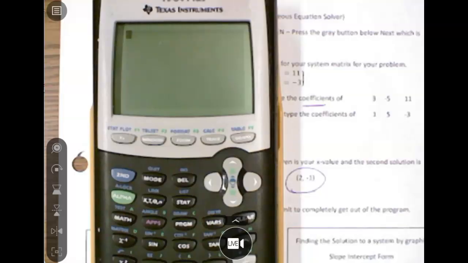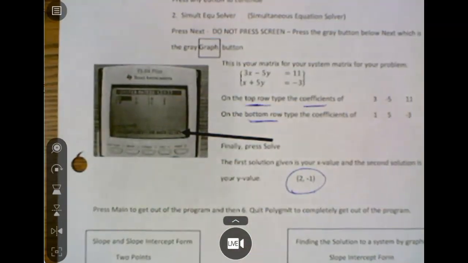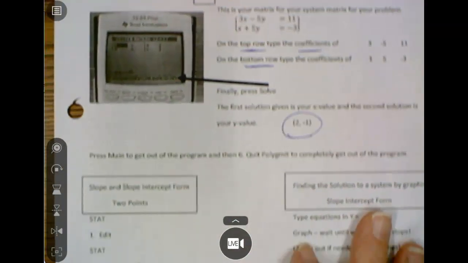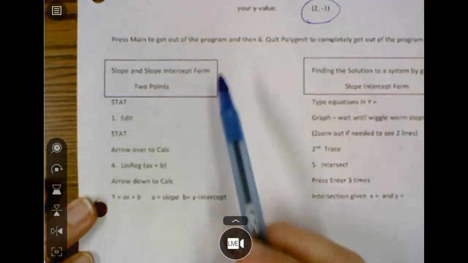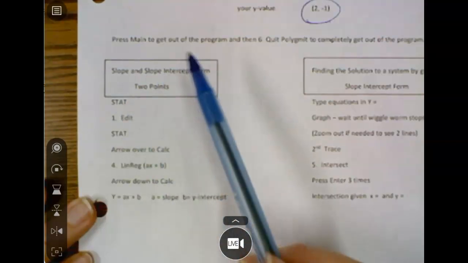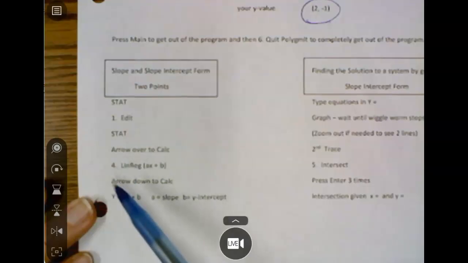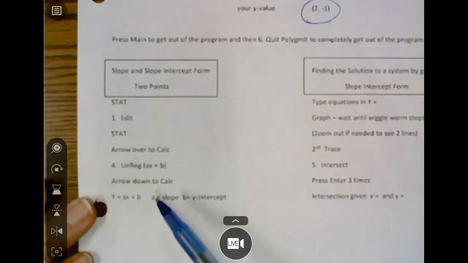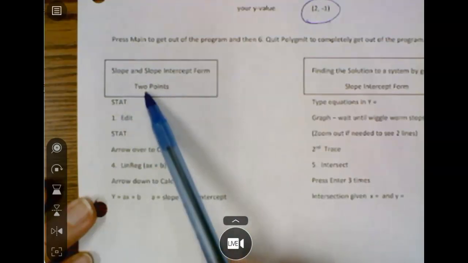So I just went through the buttons of the directions of how to solve a system. If you look at the bottom, why did I give you this sheet? This is how you find slope and slope-intercept form given 2 points. So I put it on here for you again. Stat is how we use 2 points to find slope and slope-intercept form.